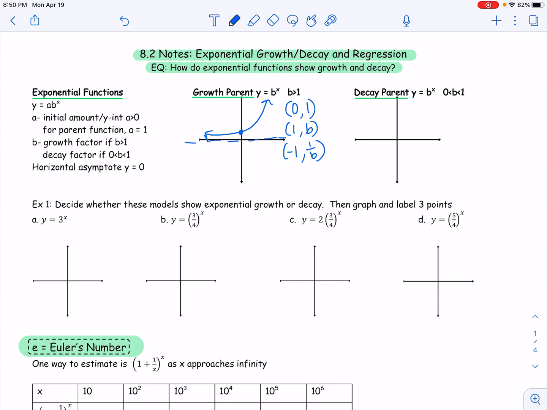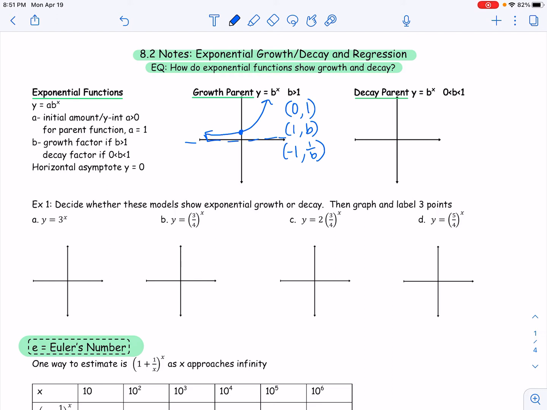We talked about how it would never cross or touch the value of 0, so you do have a horizontal asymptote there. For decay, we also did some examples showing decay, but again, that's if your base is between 0 and 1. So keep in mind that for both of these, your base is positive. Your base is never going to be negative.